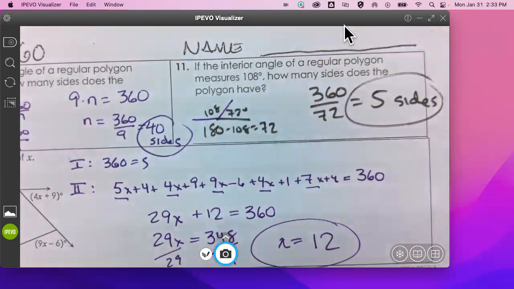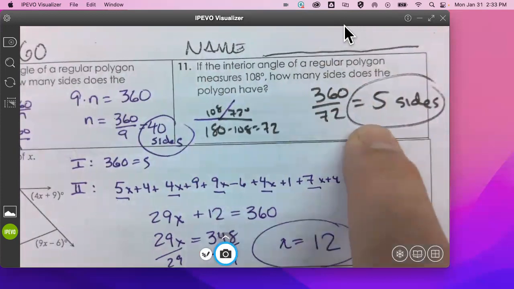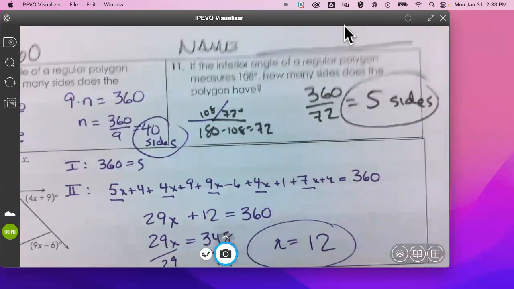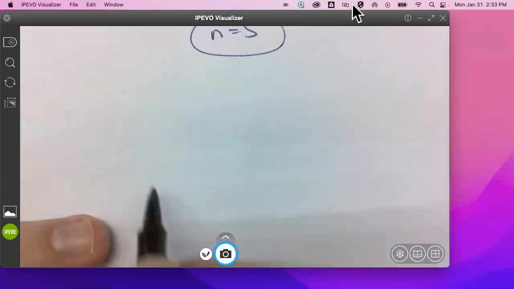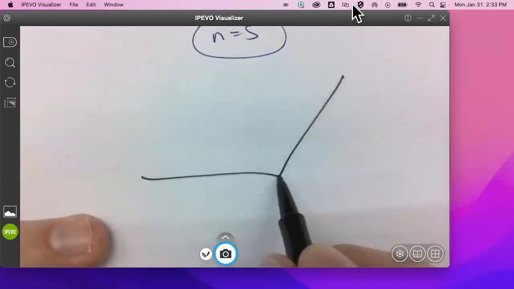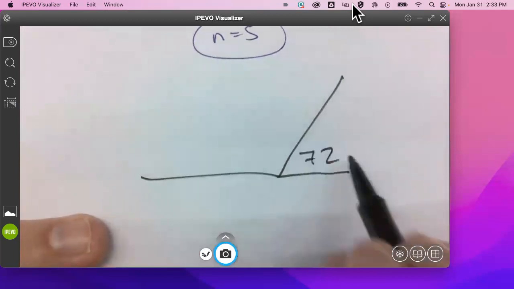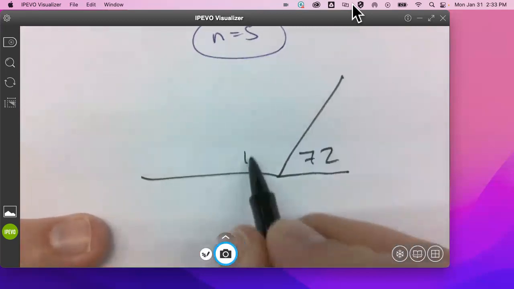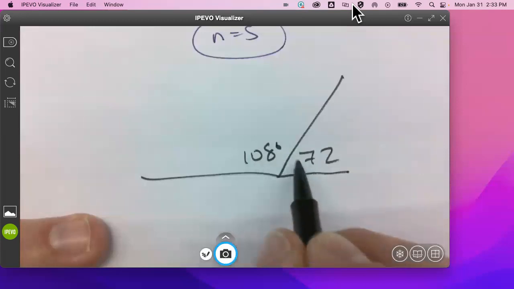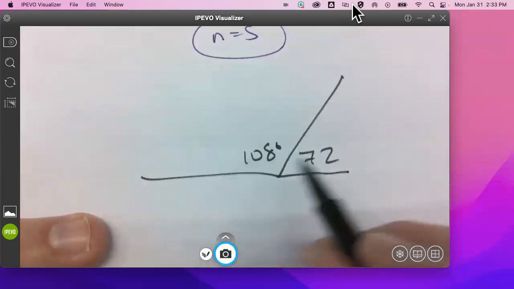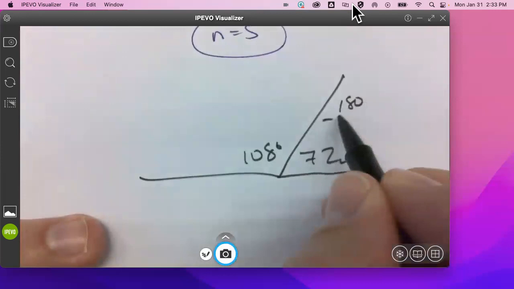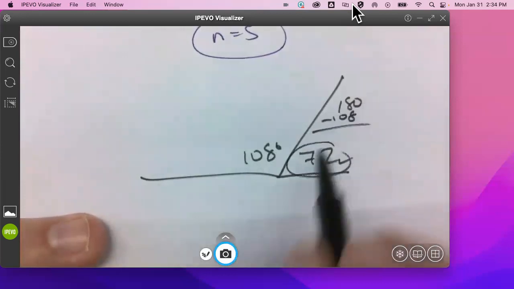Sorry, how do you find n in this equation? In this case, it's there. And so what he said is, I'm going to look at this as though it's a polygon with an exterior angle of 72. Since the interior angle was 108, I know that they're supplementary. So I can discover this by saying 180 minus 108, get 72.